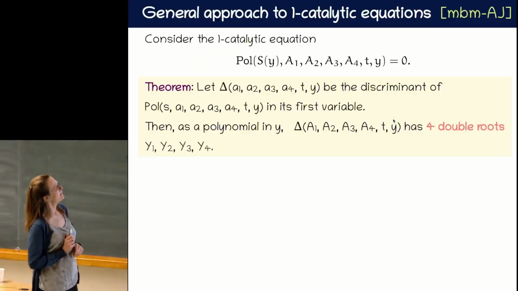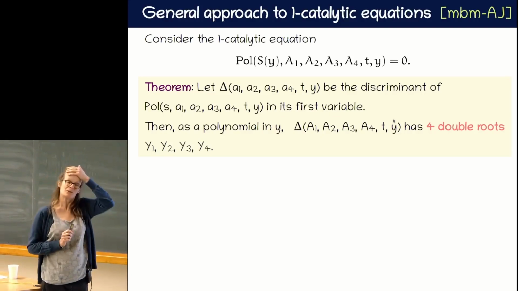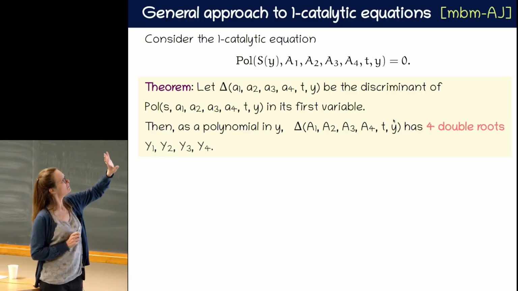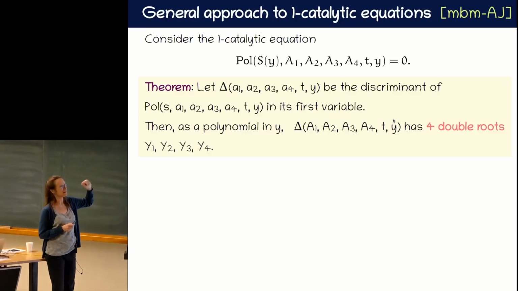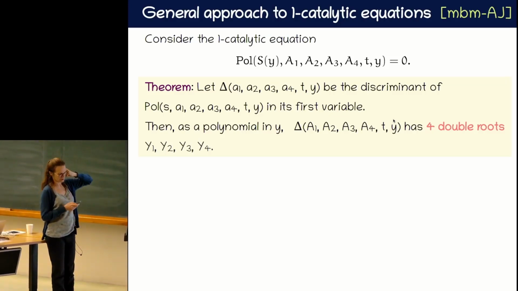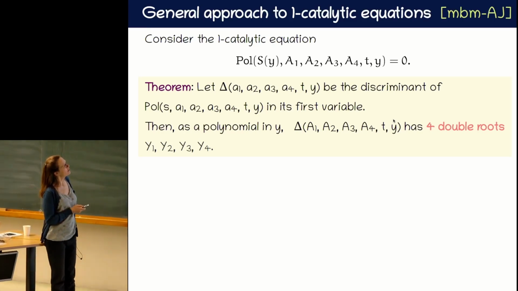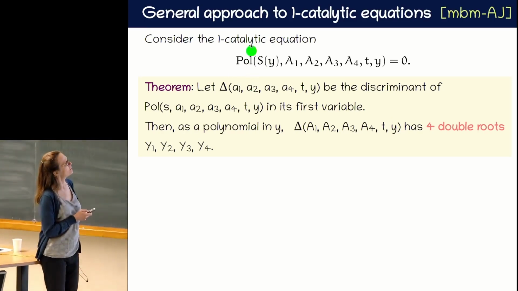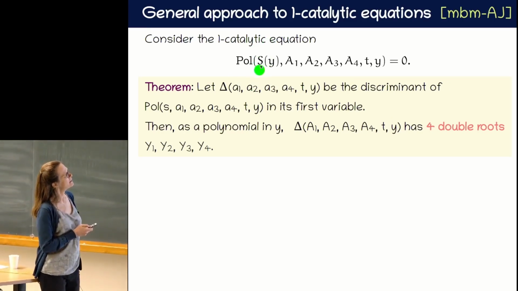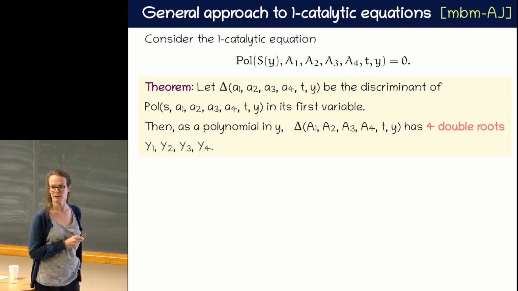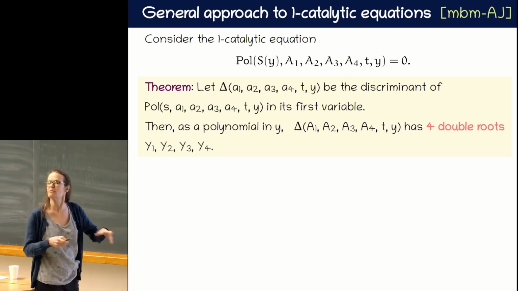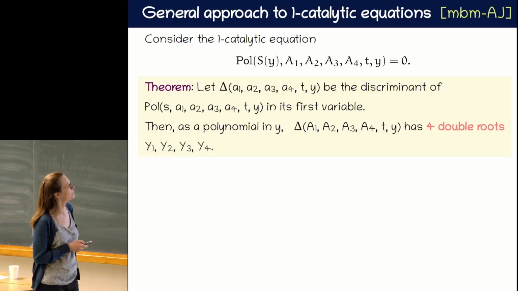So, first of all, I want to tell you something about the general approach, what we did with Arnaud Géal, to these equations. So imagine you have one instance, so a polynomial in this series S in T and Y, and K, here I took 4 auxiliary series, that depend on T only, of a proper type, whatever this means.